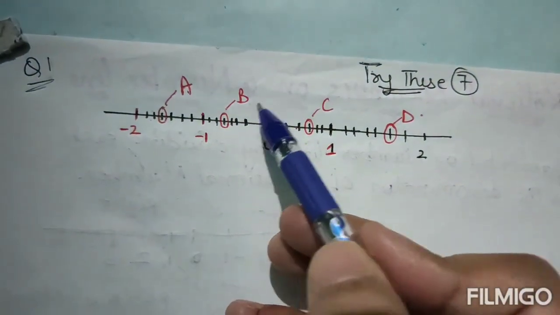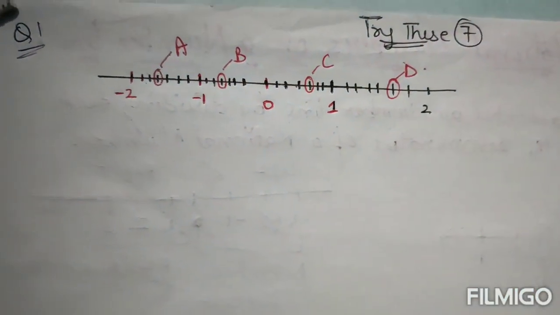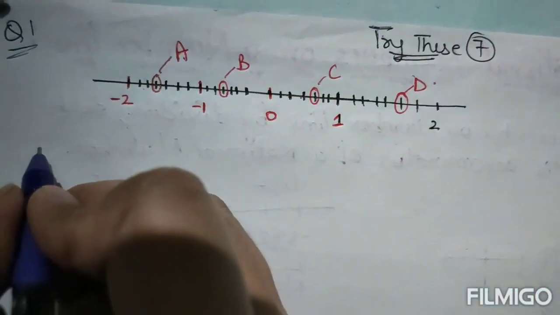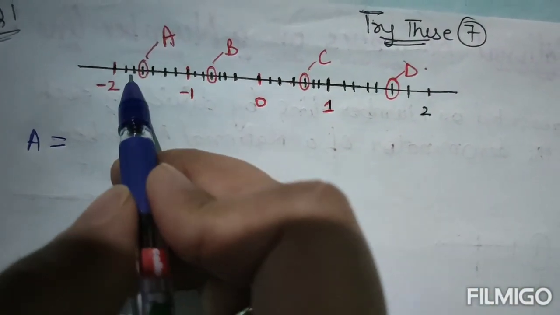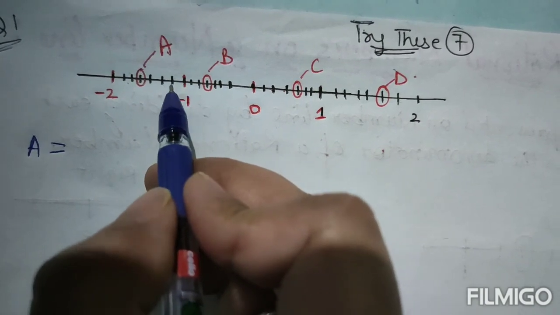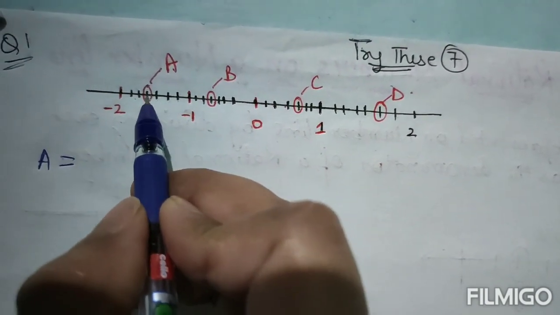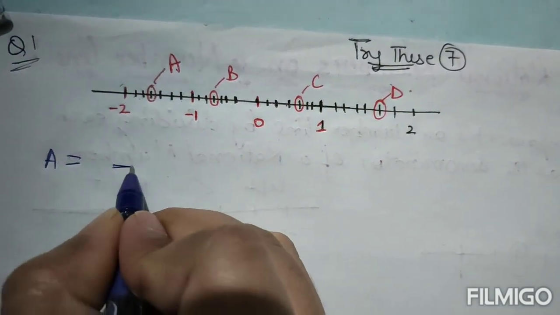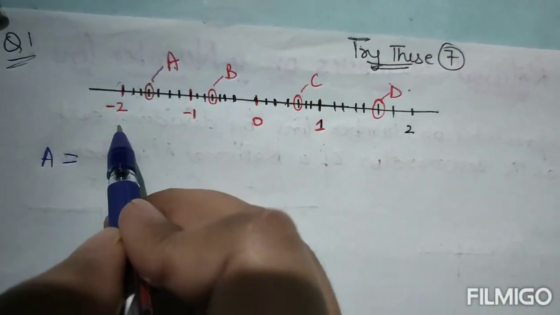Now these are the alphabets whose values you have to find on the number line. Look, first of all A. Look carefully. For A, count how many lines there are. Total 1 2 3 4 5 6 and 7. That means the denominator will be 7 and it is on the left side.